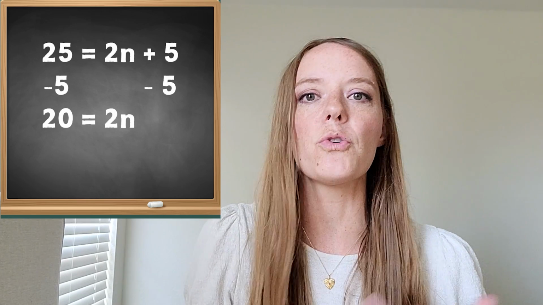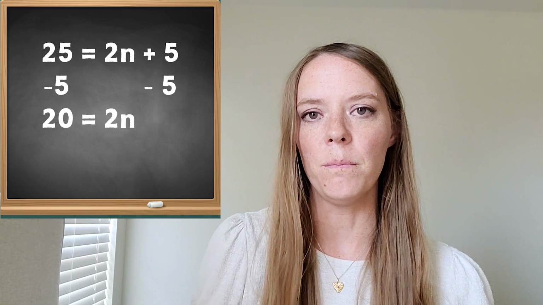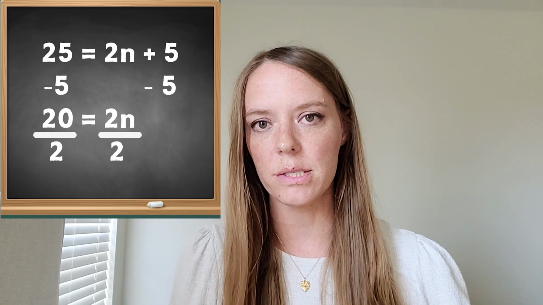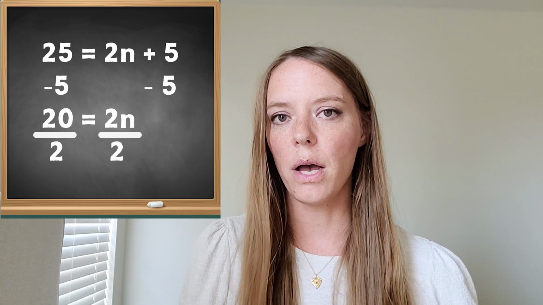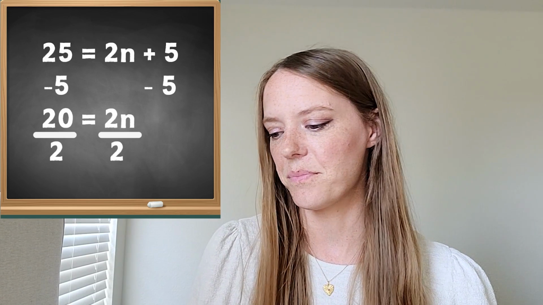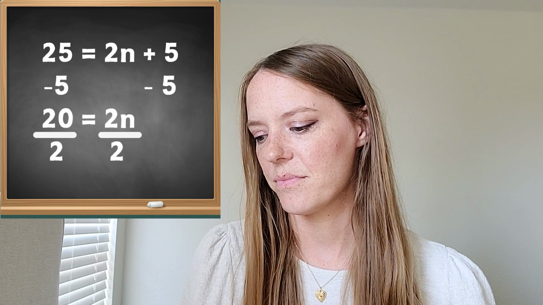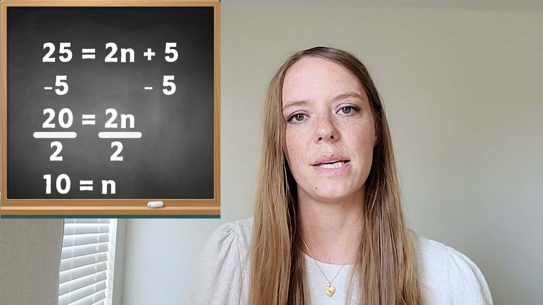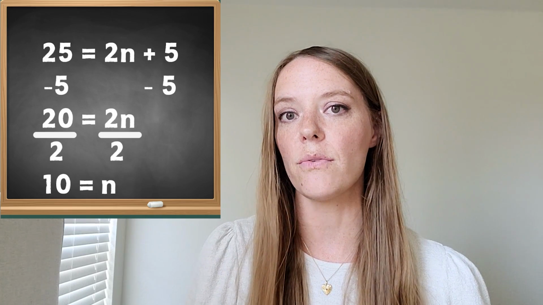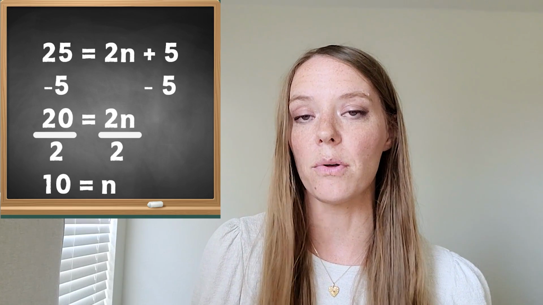It's like two groups of that variable. And so dividing by 2 would be the opposite. So let's divide by 2 on both sides of the equation. And what do you get? All right, so I see that 10 equals n. So now we've found the value of that variable is 10.